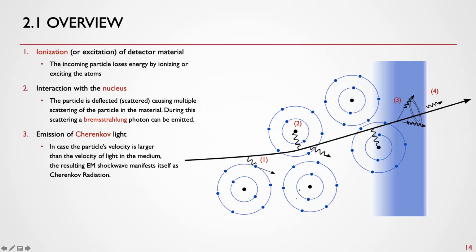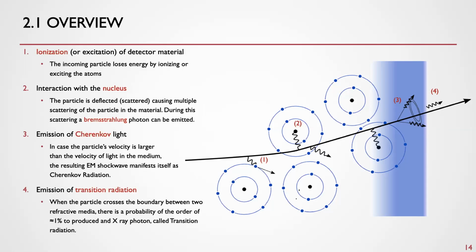Quite similar to the pressure shock waves that supersonic jets produce, it is then possible that a shock wave of light manifests itself, and this shock wave of light can produce ring-like structures in detectors, which is called Cherenkov radiation.